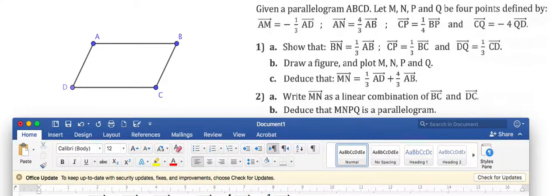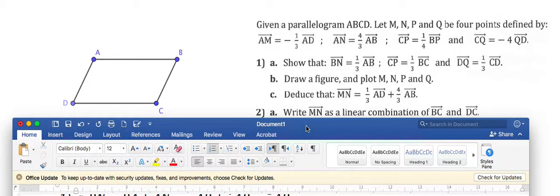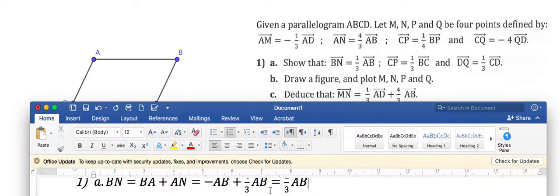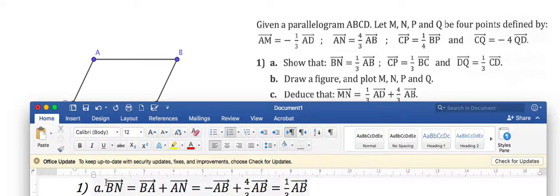Using the converse of Chasles's rule, we may decompose vector BN by using point A. Vector BN equal BA plus AN.